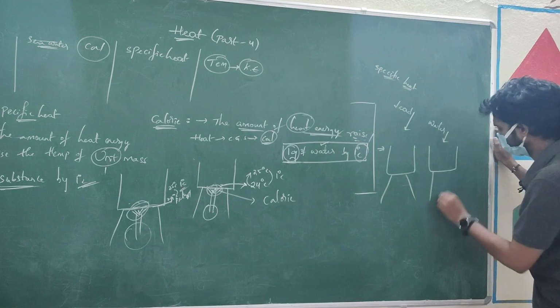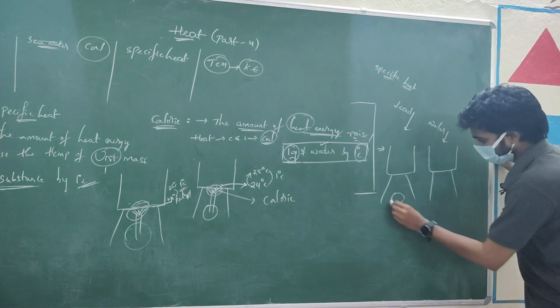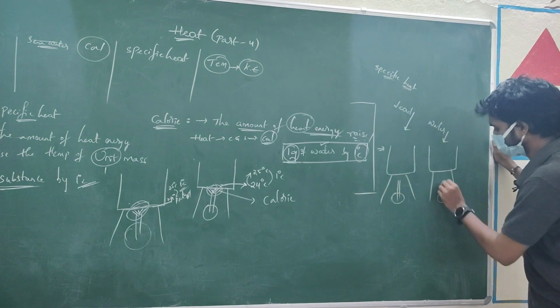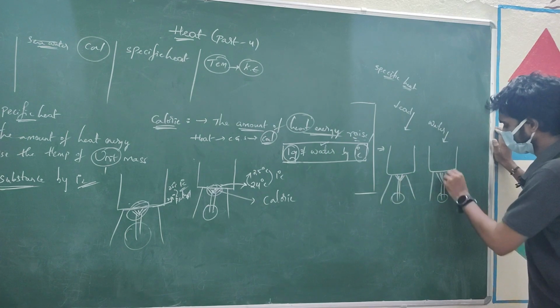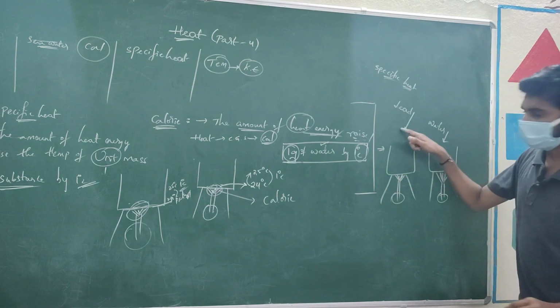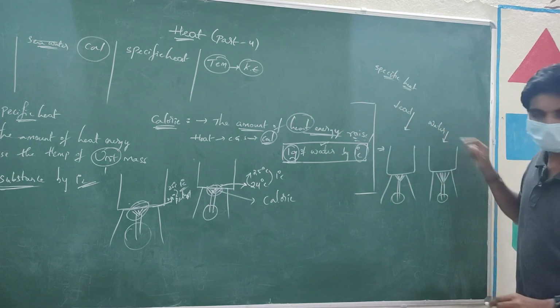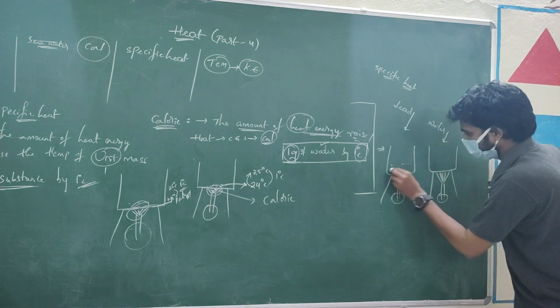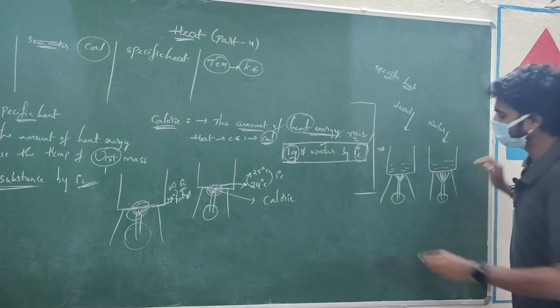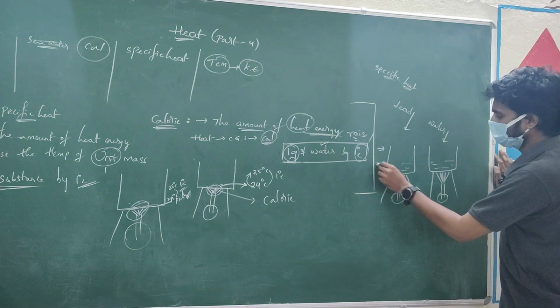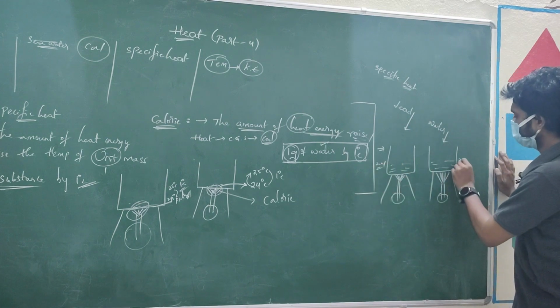In this case also we will do the same thing. Here also we will take a Bunsen burner and we will fire it. In the first beaker we have taken lead and in the second beaker we have taken water. We will take some quantity, not just 1 or 2 grams, we will take 10 ml or 20 ml. Let's say it's 20 ml, both were 20 ml.